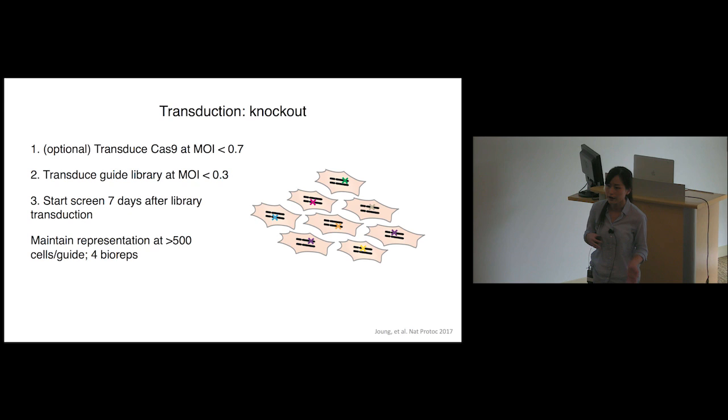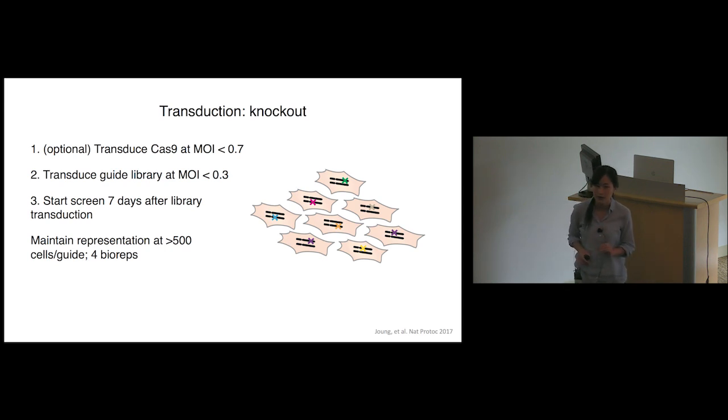So just going through the knockout and activation separately. For the knockout libraries, there's an option to make the Cas9 cells first. The Cas9 expressing cells can be made by transducing the Cas9 at an MOI of 0.7. And then after making the cell line, we transduce the library at less than 0.3.